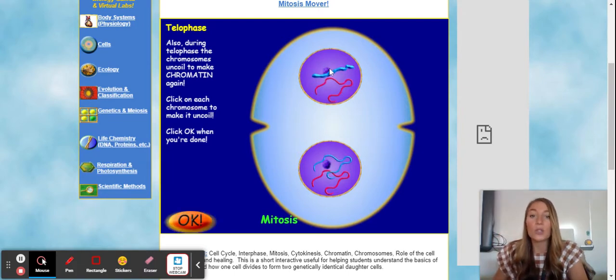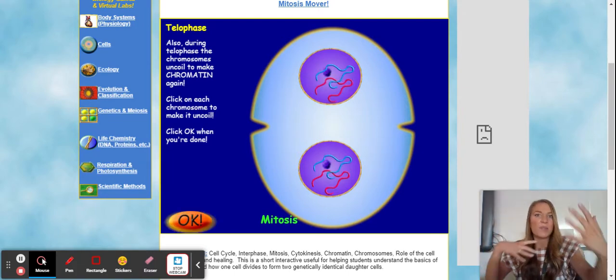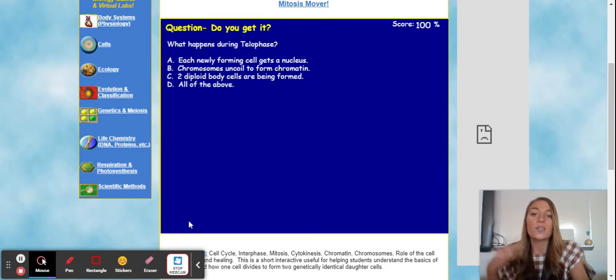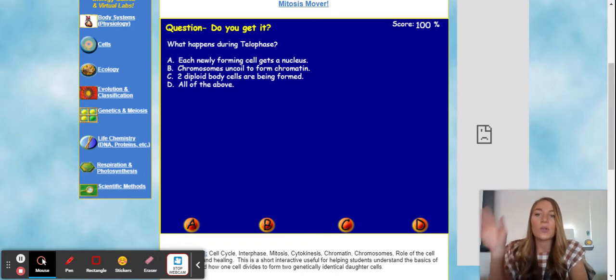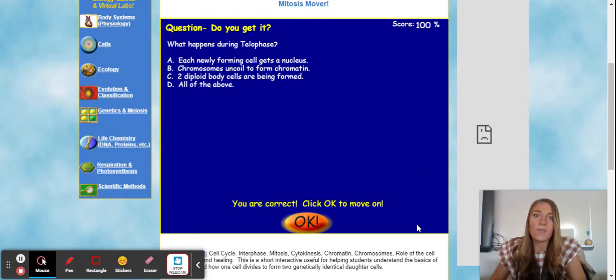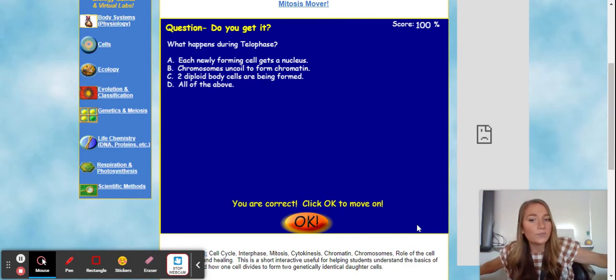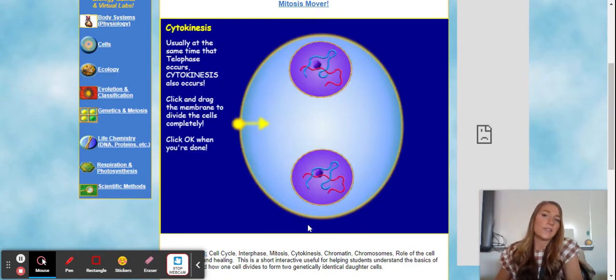They're going to go back to that chromatin, which was that loose spaghetti DNA. And it's going to look like it's going back into interphase. So during telophase, each new cell gets a nucleus. Chromosomes are going to uncoil and go back to spaghetti. Two body cells are being formed. We're going to call them diploid because they have all the DNA. And all of those are true for telophase.